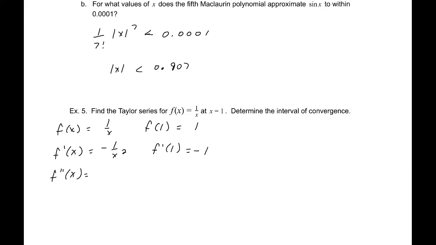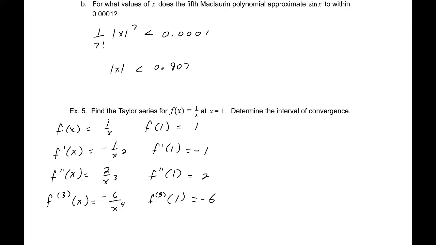The second derivative of x is 2 over x cubed, and the second derivative evaluated at 1 is equal to 2. The third derivative is negative 6 over x to the 4th. So evaluating that at 1 is negative 6.